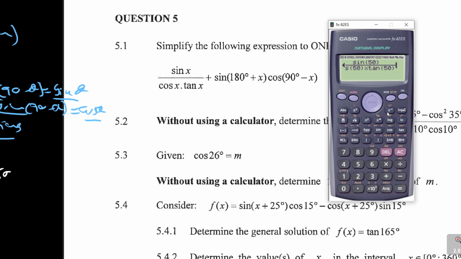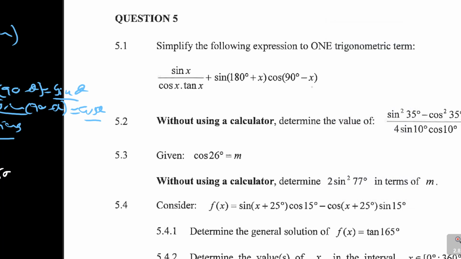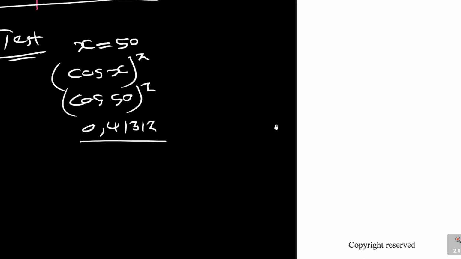And then plus sine 180 plus 50 close, and then I multiply times cos 90 minus 50, then close that, equal to 0.4131. You see that? This is 0.4131. Right, if you remember, that's what I got here, 0.4131.